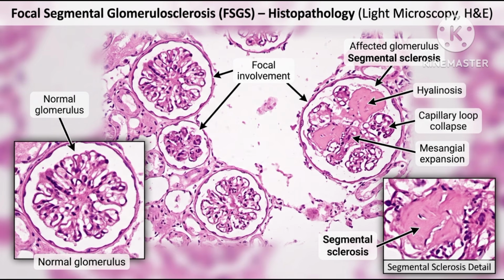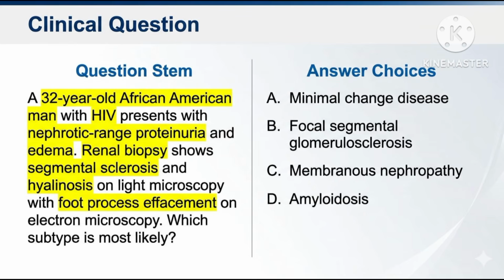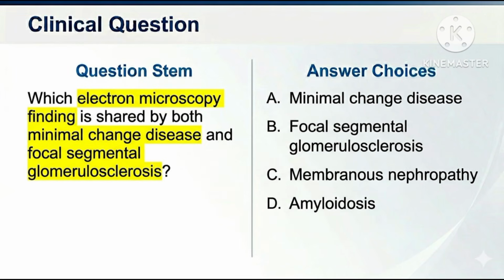Biopsy shows segmental sclerosis and hyalinosis on light microscopy with foot process effacement on electron microscopy. It's FSGS. It's simple. African American, HIV, with symptoms of nephrotic syndrome. It's FSGS.